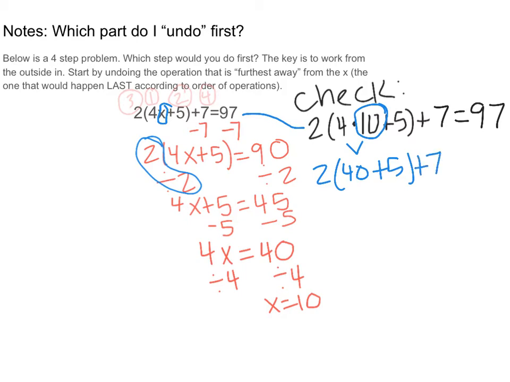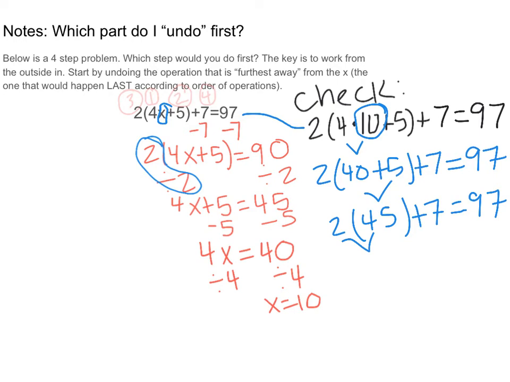It's just like I'm evaluating an expression, except now it's an equation. So then 45, 2 times 45 plus 7. Does that equal 97? And 90 plus 7 definitely equals 97, so we know we did it right.